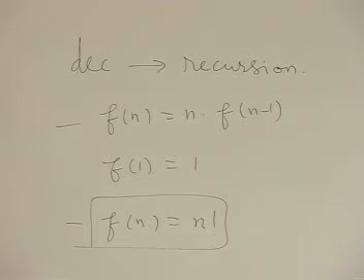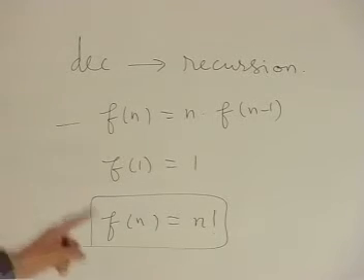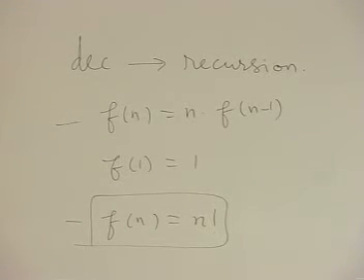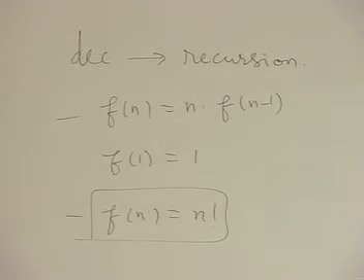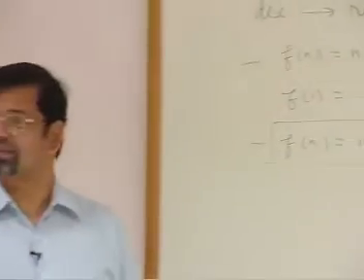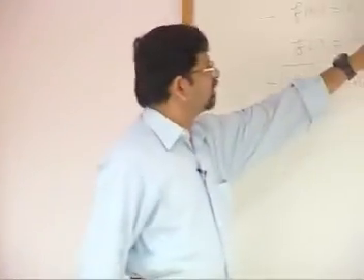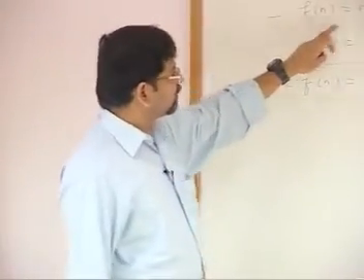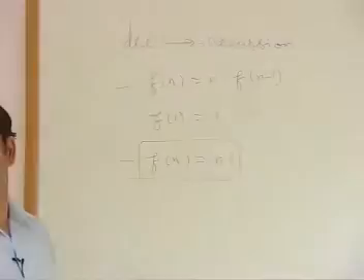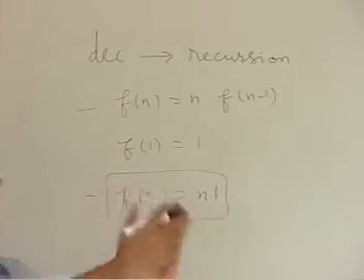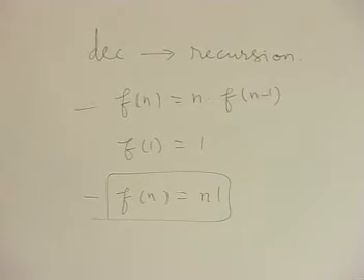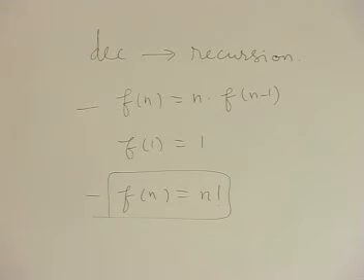There are many situations, at least situations like this, where the recursive formulation tells you how to extend a solution for a smaller instance to a larger instance. In other words, if I know f of n minus 1, I know how to get f of n: I have to multiply it by n. So from this, I can get an equivalent incremental design which is going bottom up.